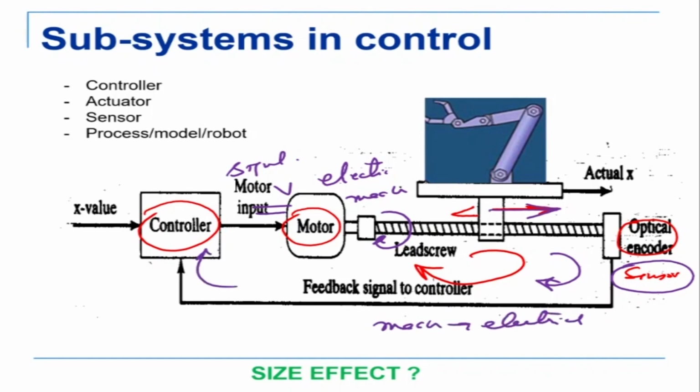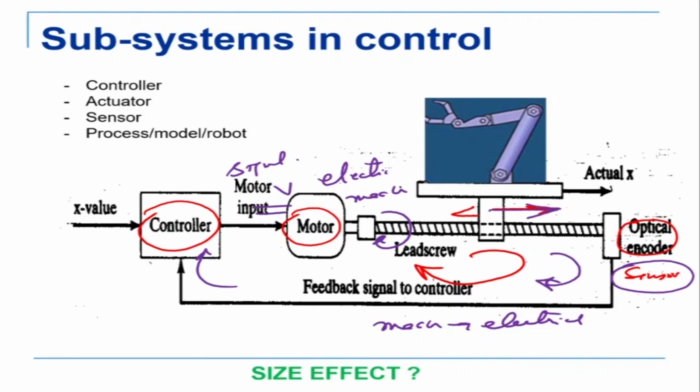This electrical energy is fed to the controller. Now the controller is essentially an electrical device, whether it's a microcontroller or a PC or it can be an FPGA or a DSP. It understands electrical signals only. So the output from the controller will be an electrical signal, and hence what you're giving as input to the controller also should be an electrical signal.